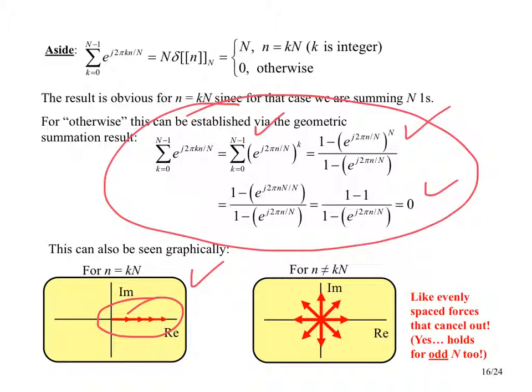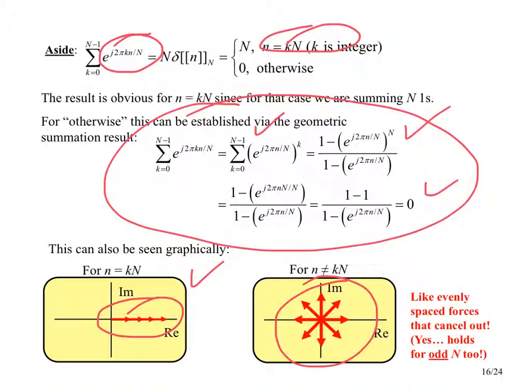Or we can say, look, I'm summing up a bunch of complex numbers, and if you look carefully, when n is not an integer multiple of N, what I'm doing is adding up a bunch of complex numbers that are all the same length, 1, but are equally spaced in angle. And so if you think about those as forces, all acting on the center point, because they're all equally spaced in angle, the total force cancels out. So we end up with 0.